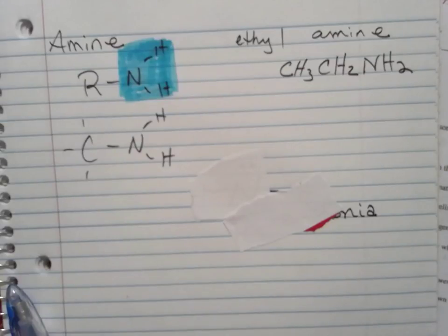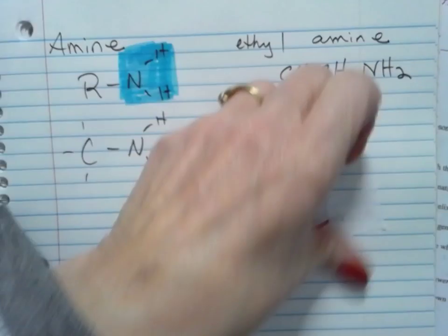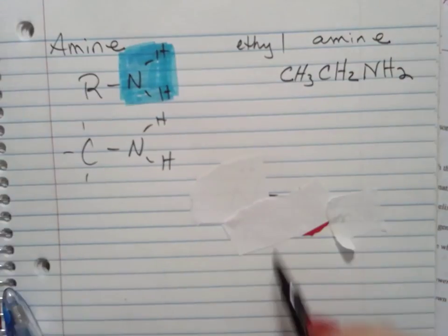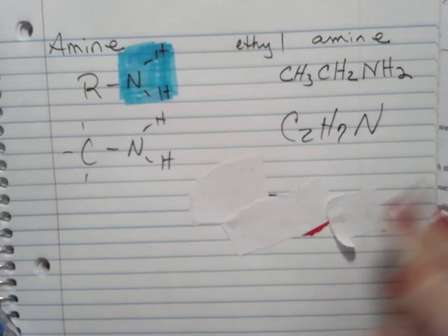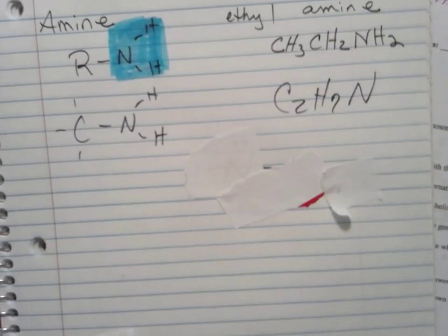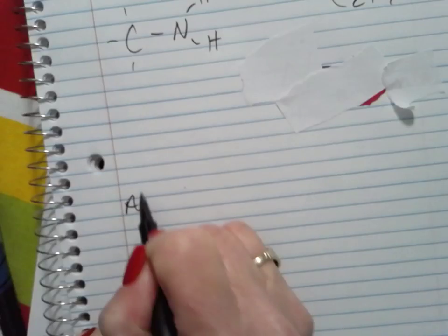C2H7N1. Okay. C2H7N1. Yeah. Exactly. C2H7N, or if you did happen to put your N1 there, that's fine. Okay, so those are amines. Amino acids are going to come from that functional group. Okay, aldehydes.